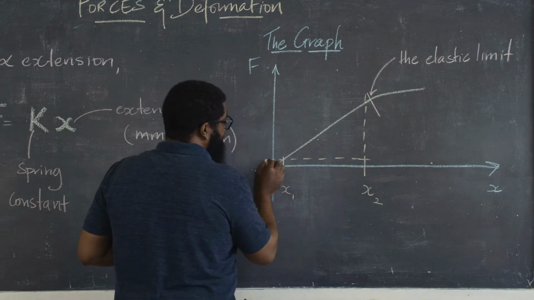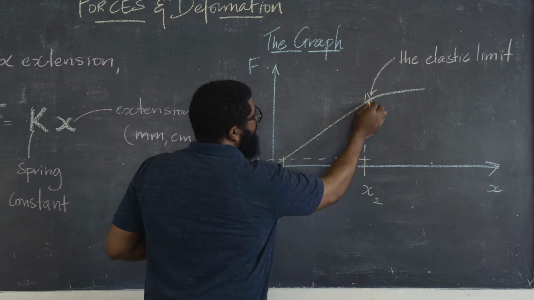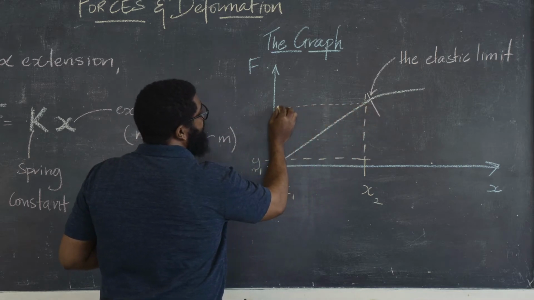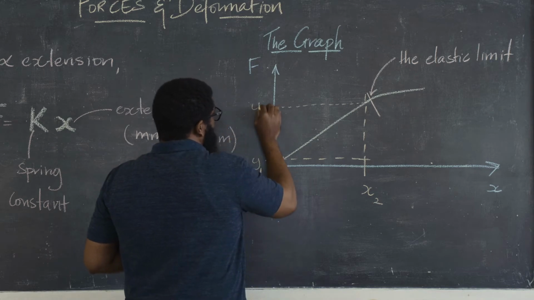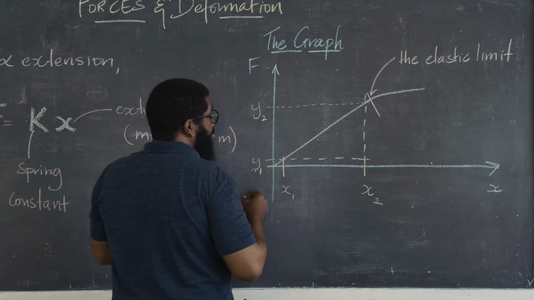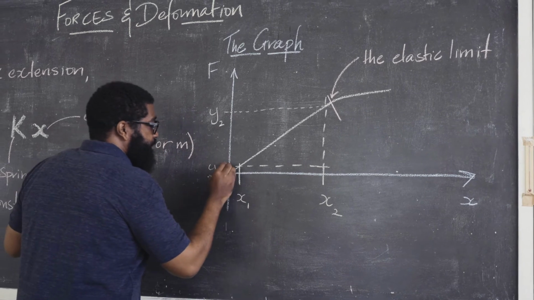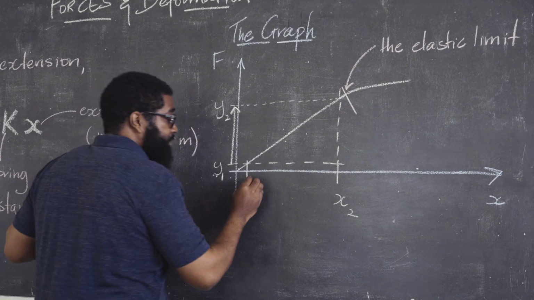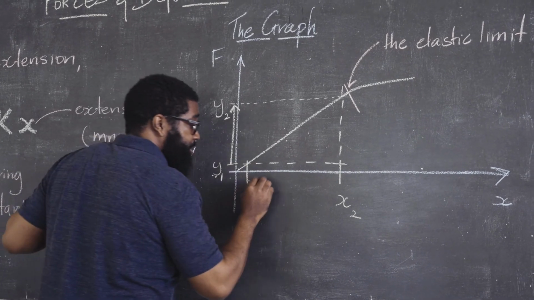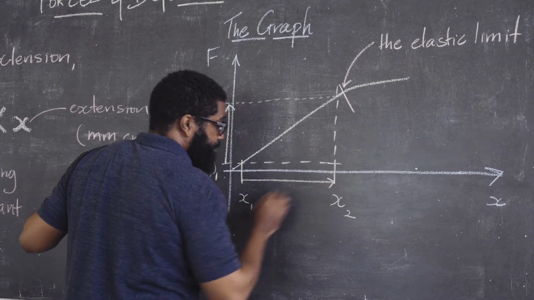And along the y-axis, it gives you y1. And if we go up here and come across, forgive me if my line is not perfectly horizontal, y2. Our change in the y-axis is measured from y1 to y2. And our change in x, or the quantity on the x-axis, is measured from x1 to x2.